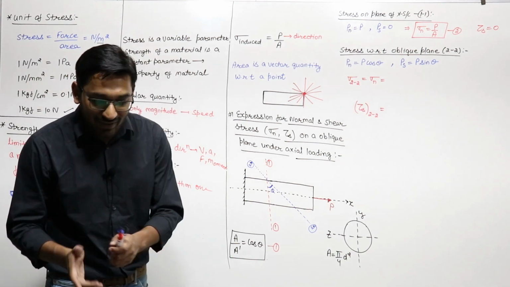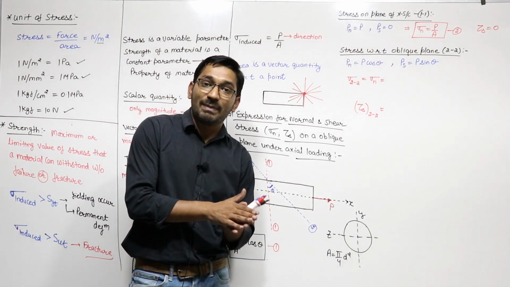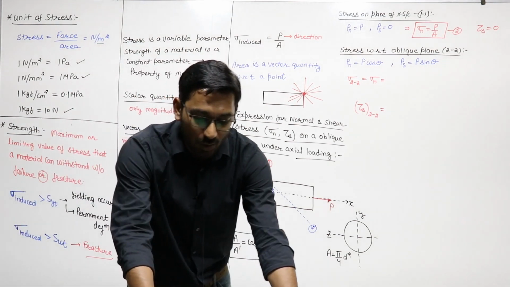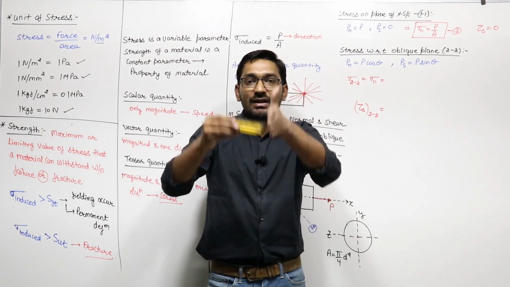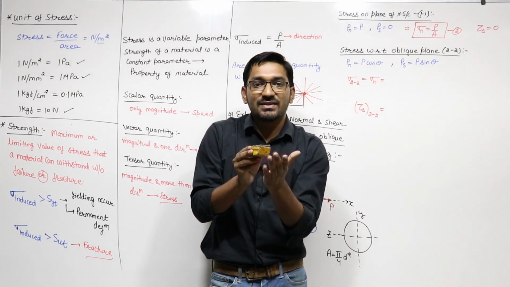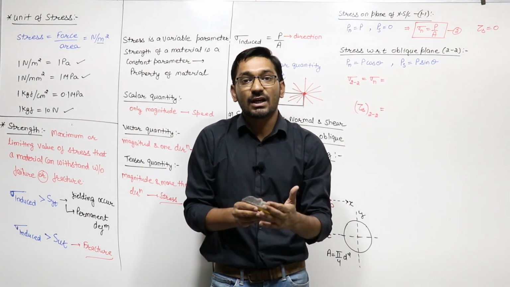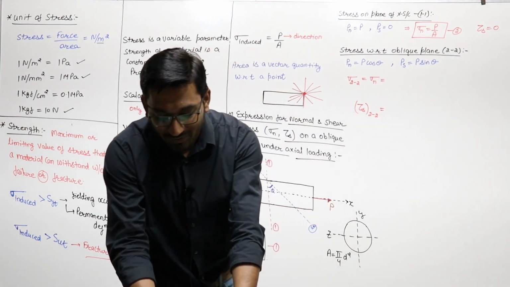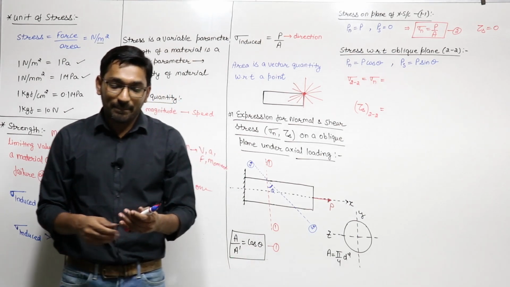But area is a scalar quantity with respect to a plane. If I am talking about the area of this plane, it is this one which you can see, and it is a scalar quantity. But area is a vector quantity with respect to a point.